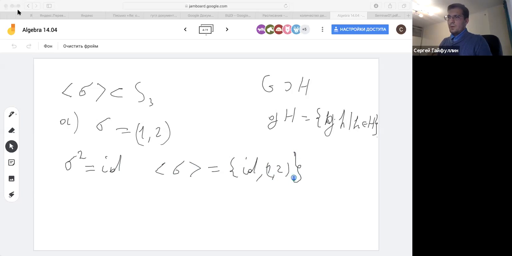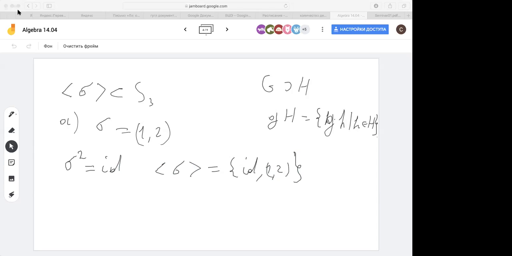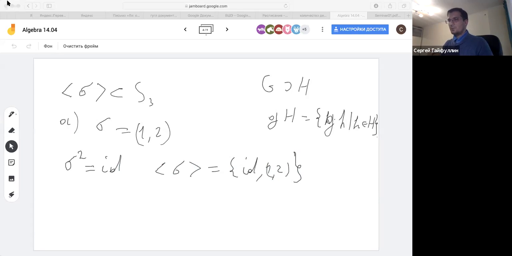Question. Yes. Why did you mention that sigma squared is identity, and how do you know this? Okay, let me remind that this is just a cycle.